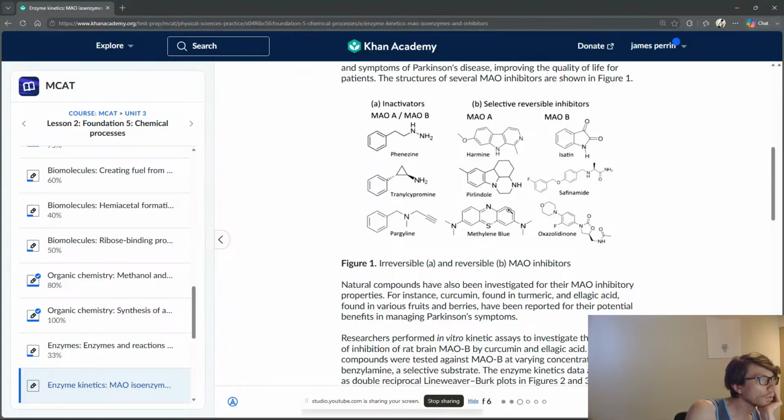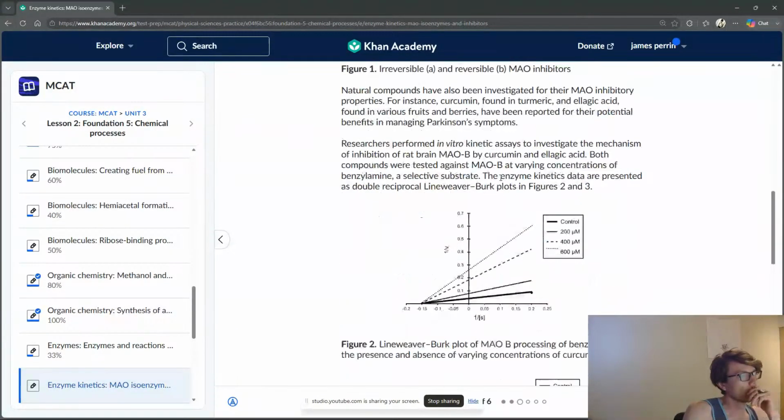These are reversible inhibitors. Double reciprocal Lineweaver-Burk. Okay.